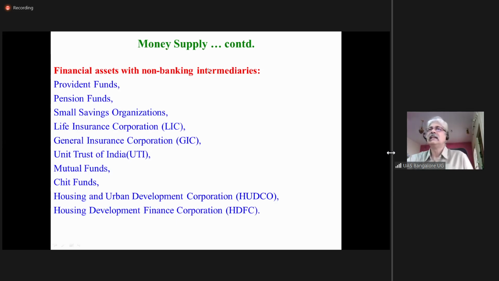These are all non-banking intermediaries. They don't deal with the regular banking activities, but financial assets, yes, they all deal with. They're all sources of money supply.